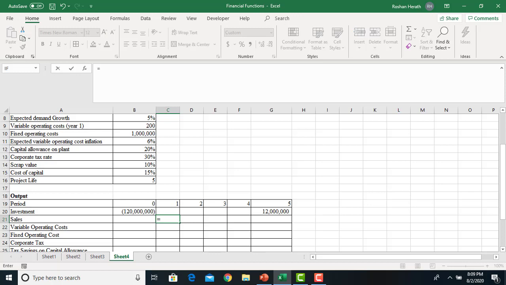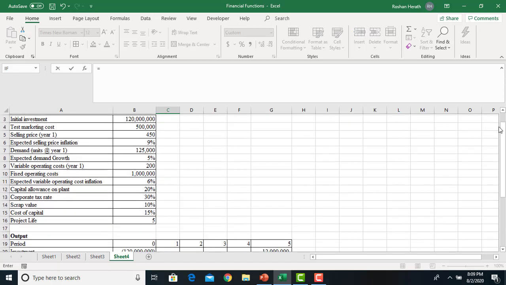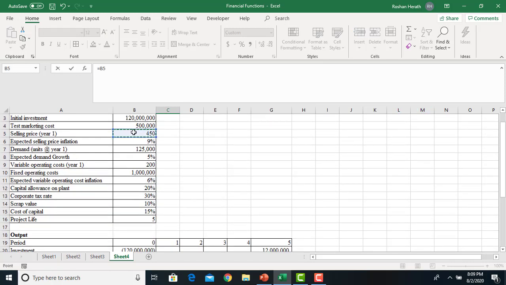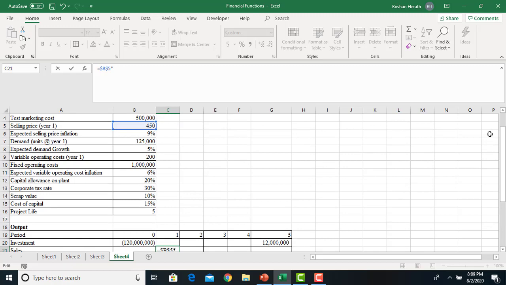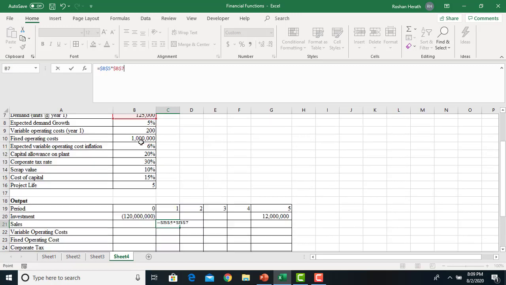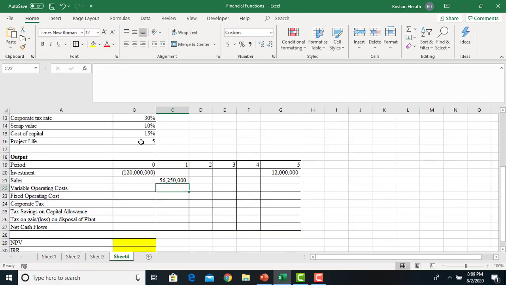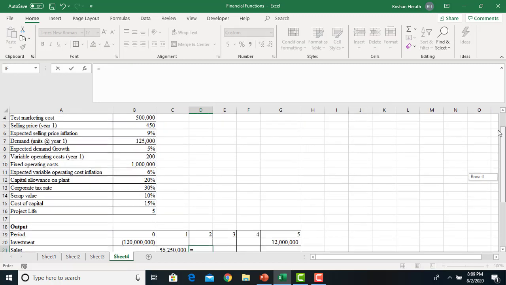We have done several questions of this nature, so you can easily identify that it's sales price multiplied by the demand. You may get into that. So it's 56.25 million. In year 2, you may have to consider the growth.